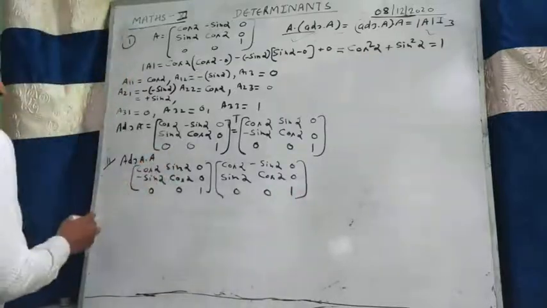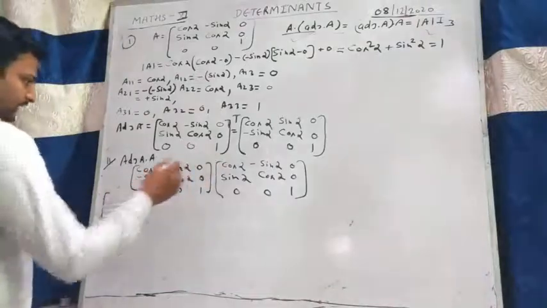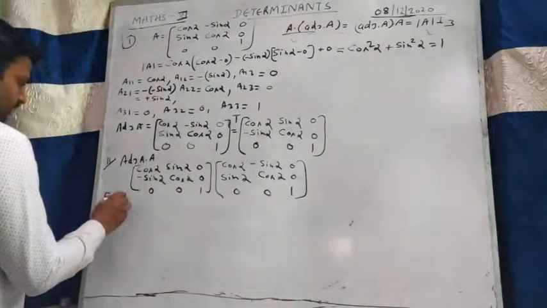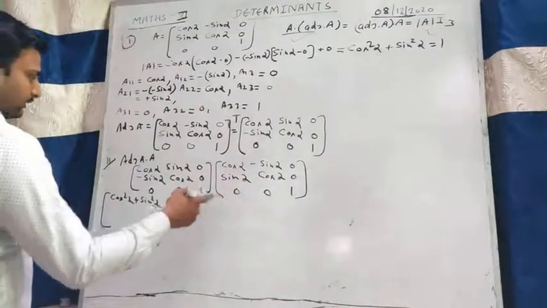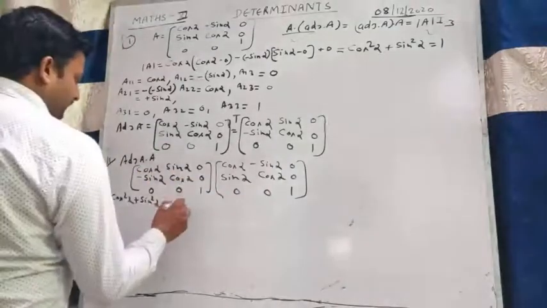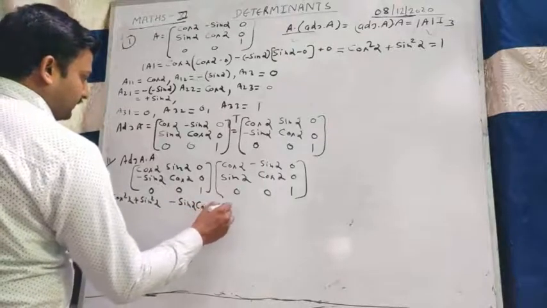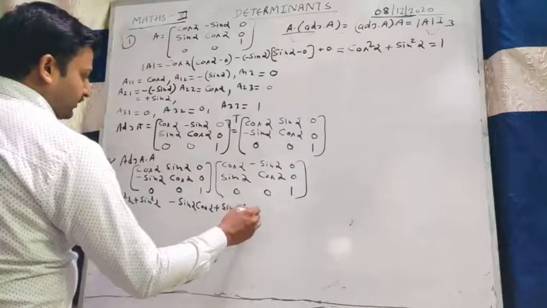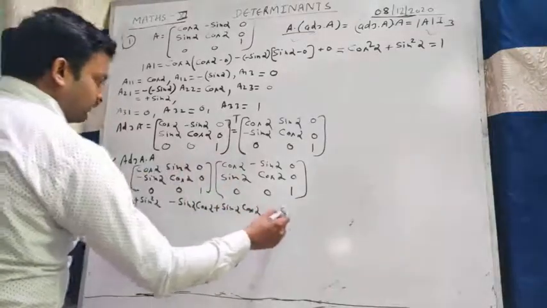Now we multiply this, so we get cos square alpha plus sin square alpha, and the third term is 0. Again minus sin alpha cos alpha plus sin alpha cos alpha, and third term is 0. So 0, 0 and 0.